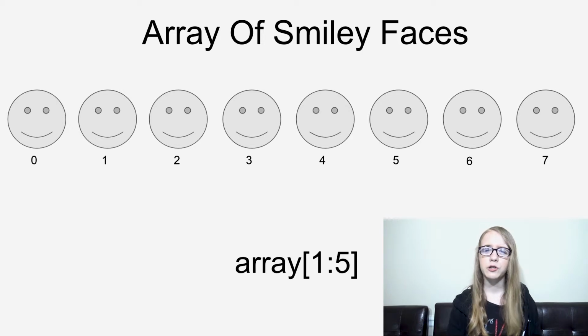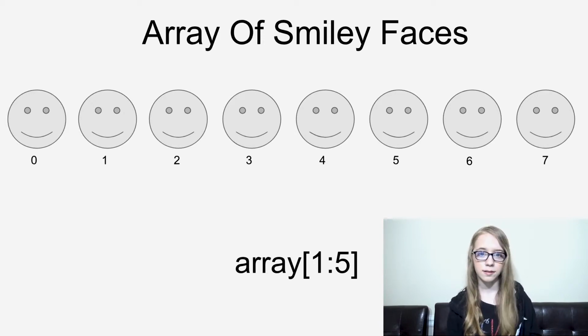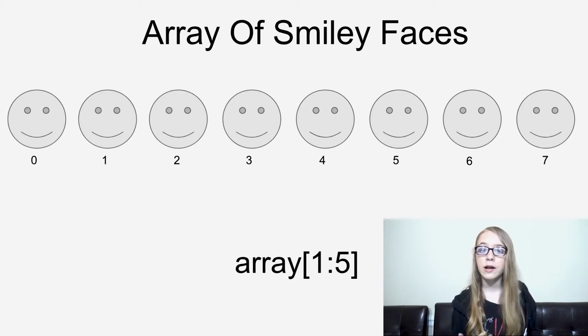Now let's say that we tried to slice this array, or we tried to get a subset of this array. How would that work? You can see I have the code array, so our array name, an opening bracket, 1 for our starting index, a colon, 5 for our ending index, and a closing bracket. So let's say that we're the computer.